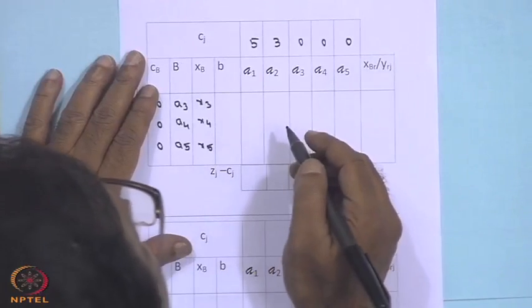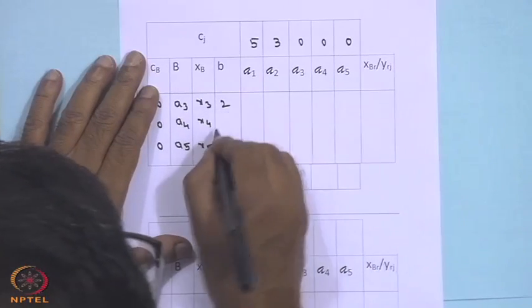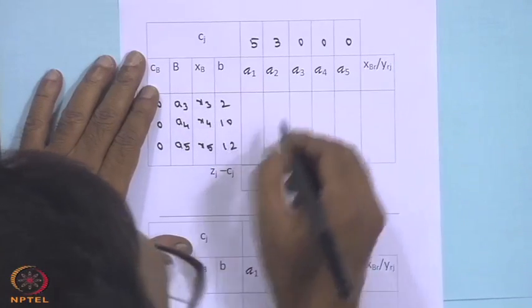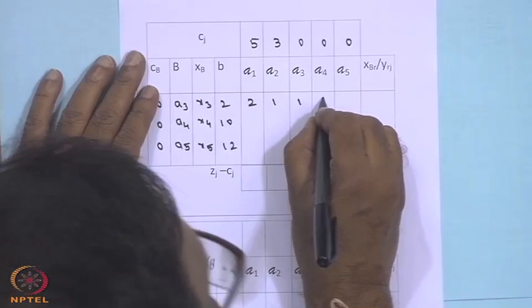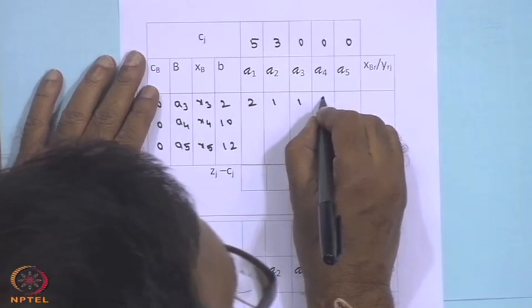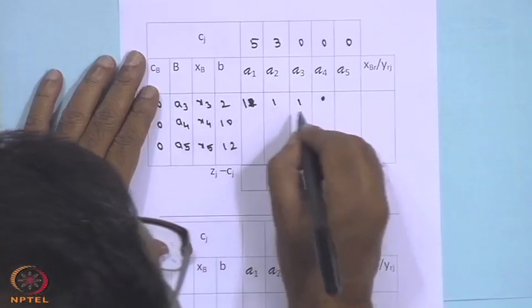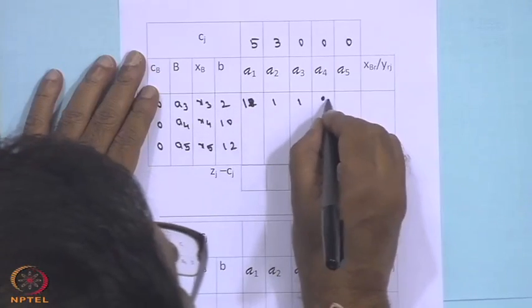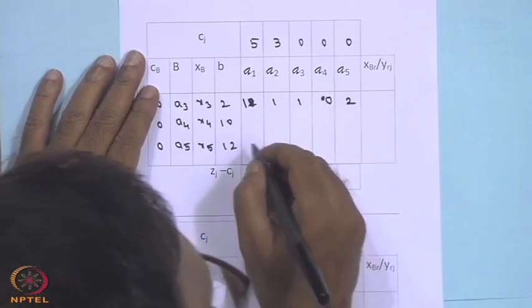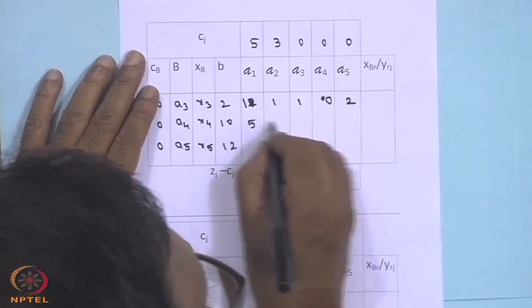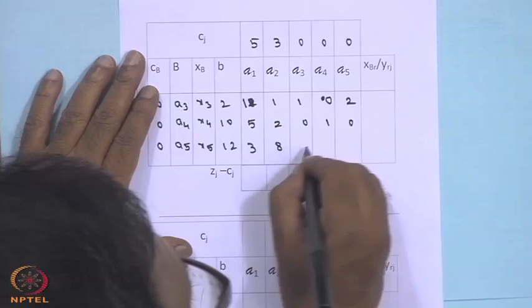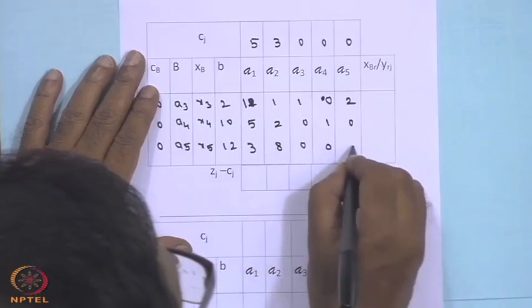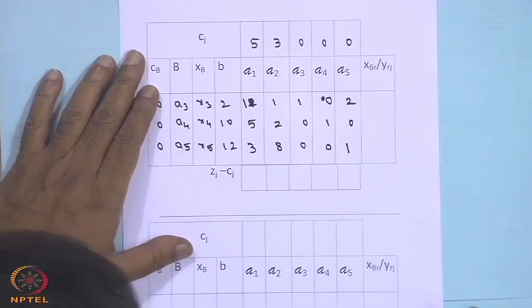Your b values are 2, 10 and 12, so you write 2, 10 and 12. Then you write the rows: 1, 1, 1, 0, 0 for the first; next one will be 5, 2, 0, 1, 0; and 3, 8, 0, 0 and 1.